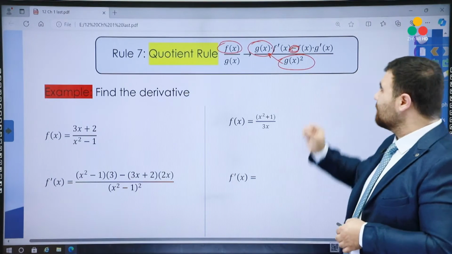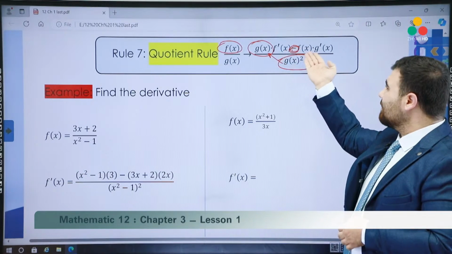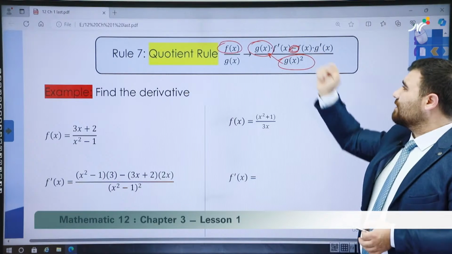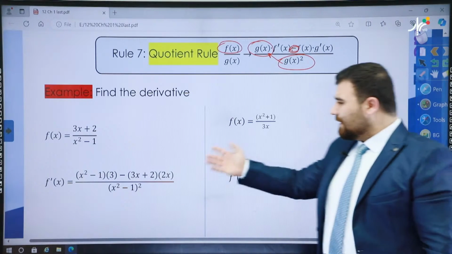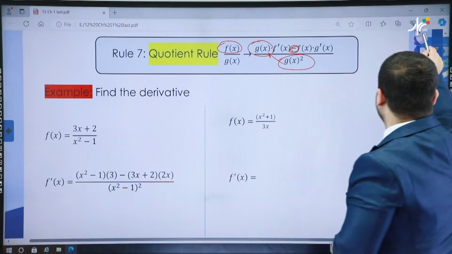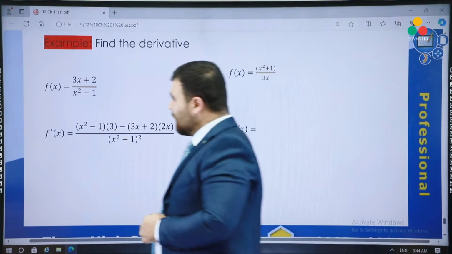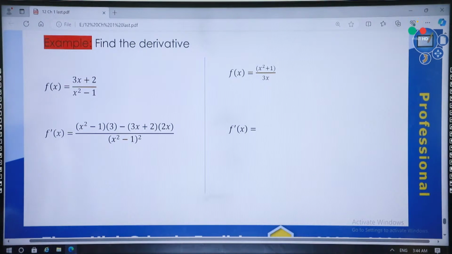Then minus. Since we wrote the derivative of f here, we write f as it is in the second part, after the minus, times derivative of denominator. Now, from the examples, we can understand this better. Here, f(x) equals 3x plus 2 over x squared minus 1.